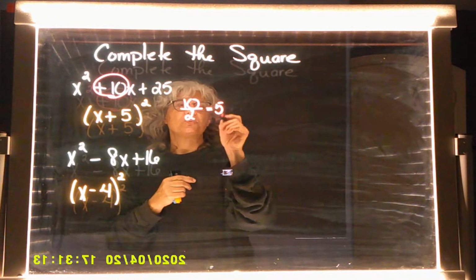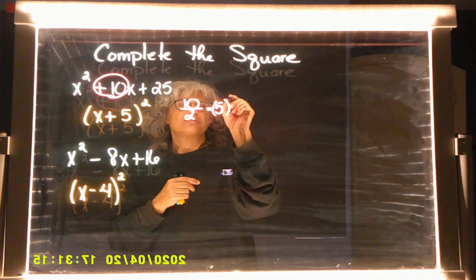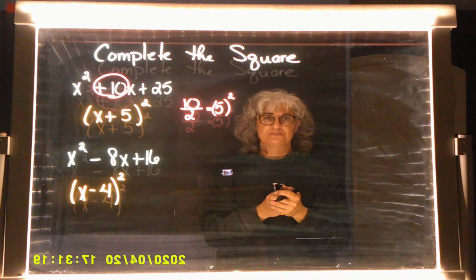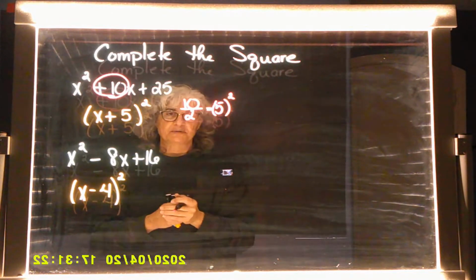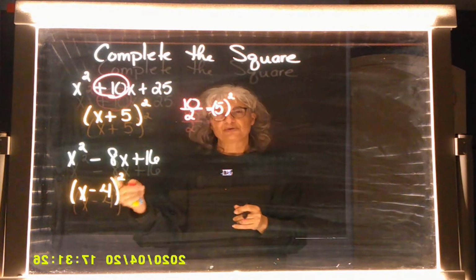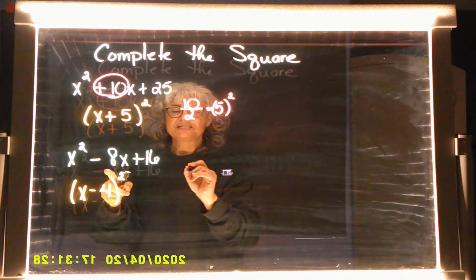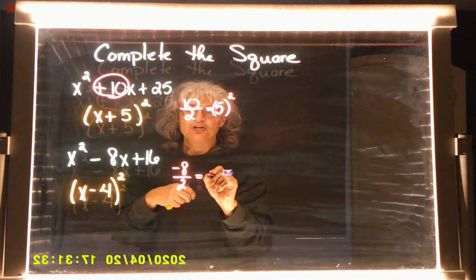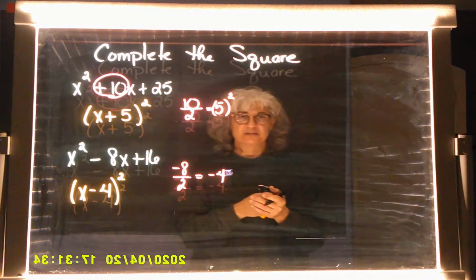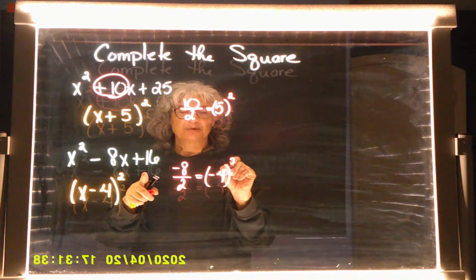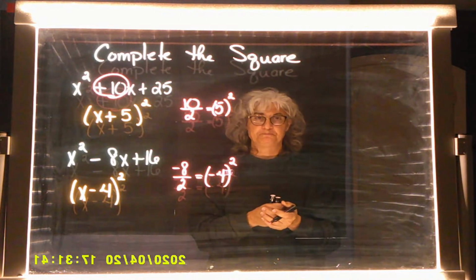And if you square it, don't you get 25? Look at the negative 4. How do I really get that? Well, if I take this negative 8 and cut it in half, don't I get that negative 4? And if I square it, don't I get this positive 16?